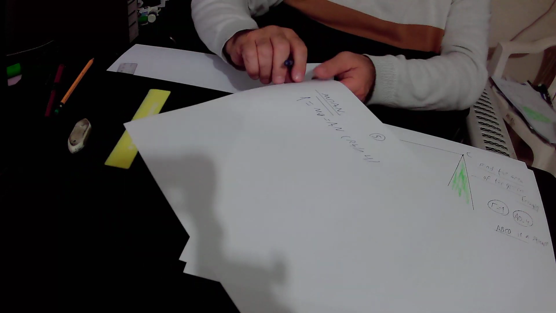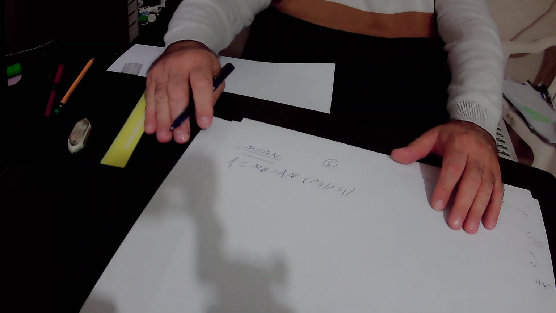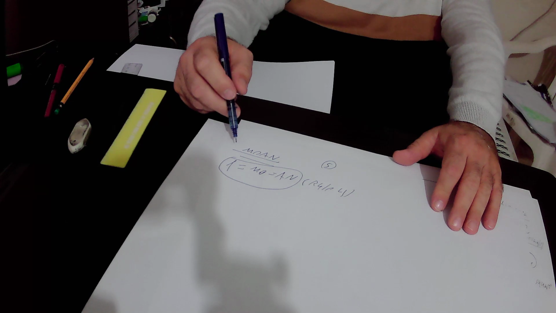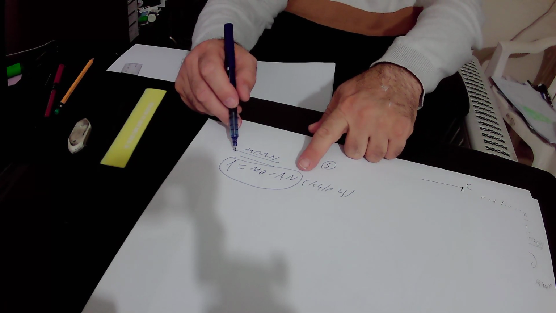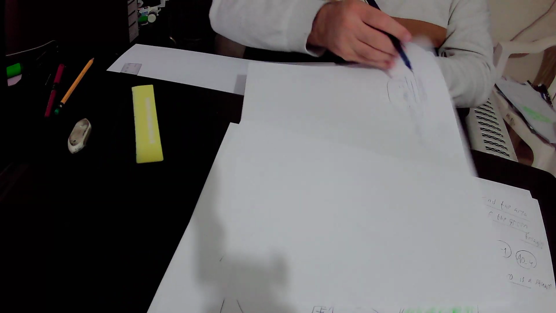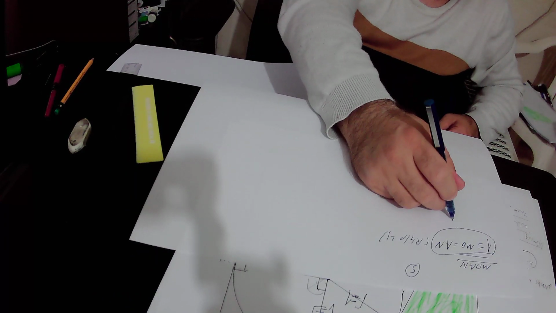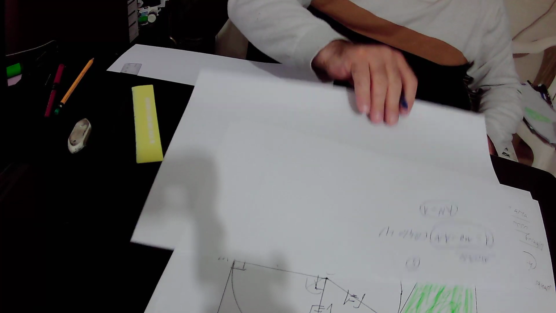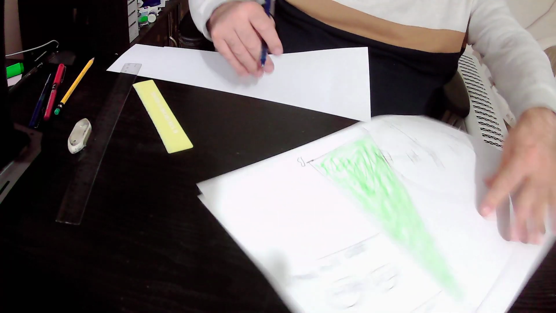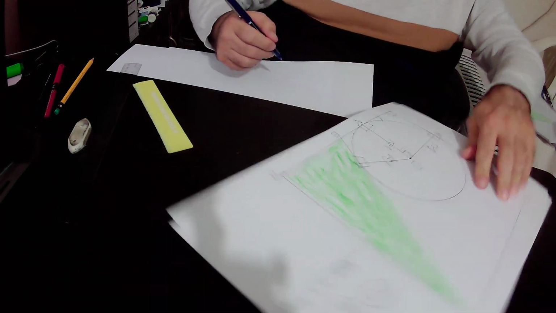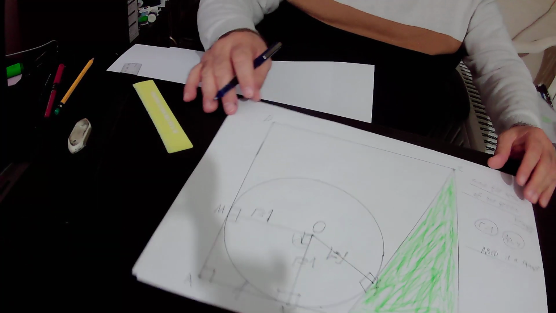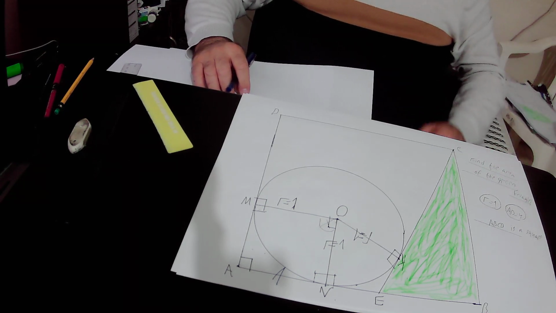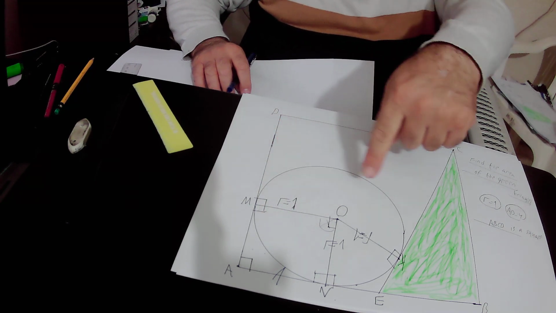So from this equality, we conclude that AN also equals 1 unit. So we can write here that AN equals 1 unit. Likewise, according to rule number 4, MA equals ON.